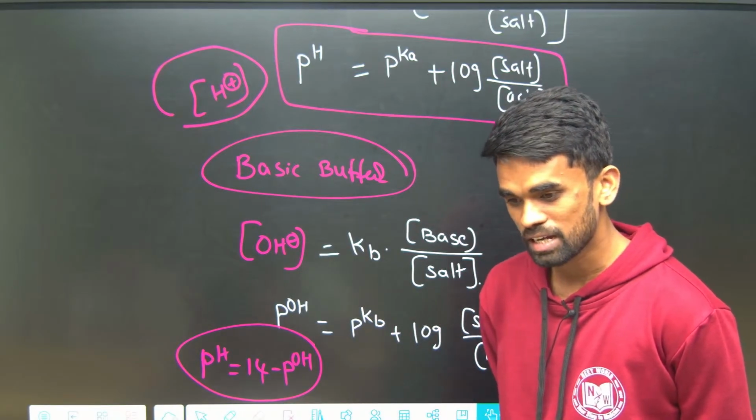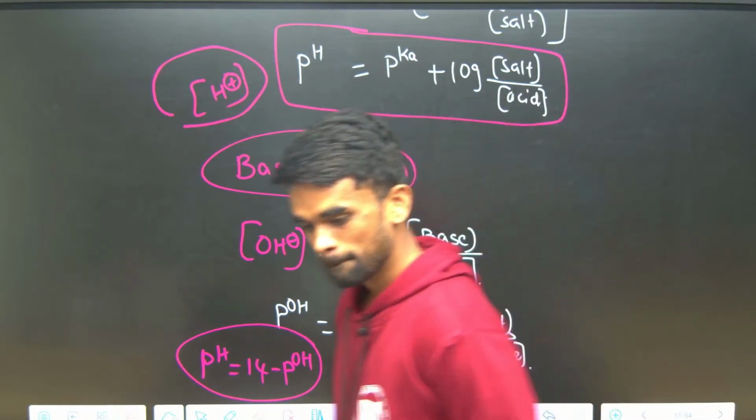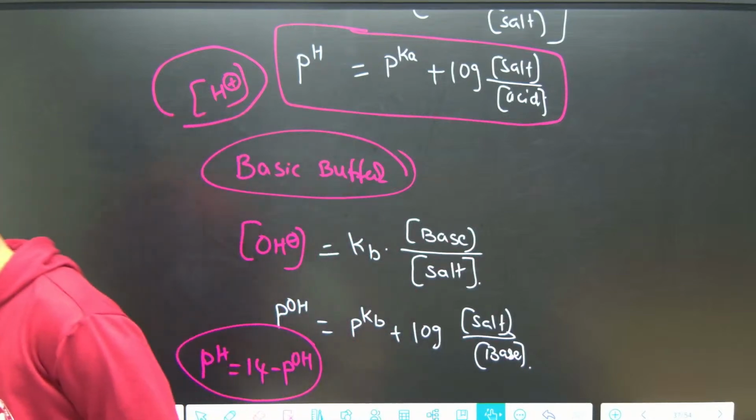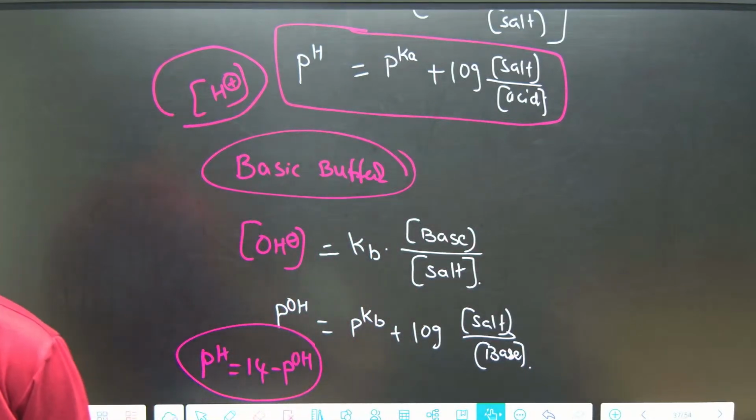Did I give the salt concentration? Simple. First write the basic reaction. Acetic acid plus NaOH, 1 mole gives 1 mole of acetate ion, sodium acetate.